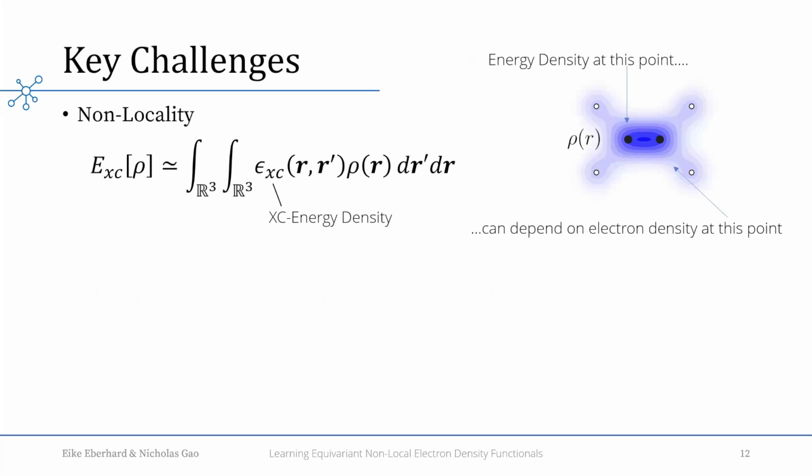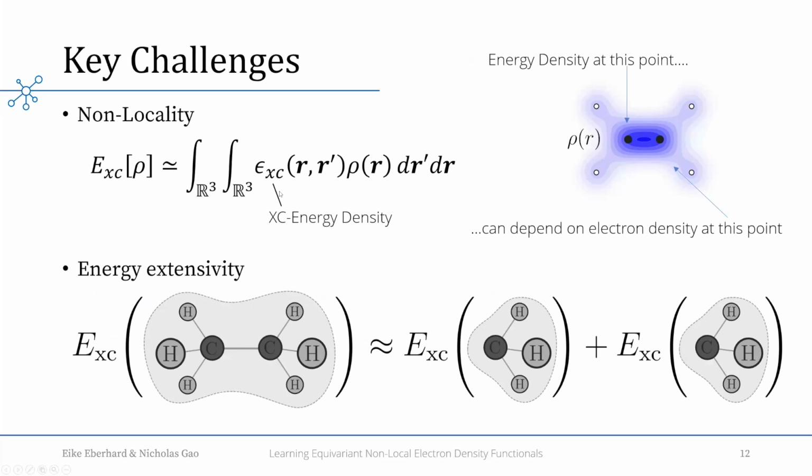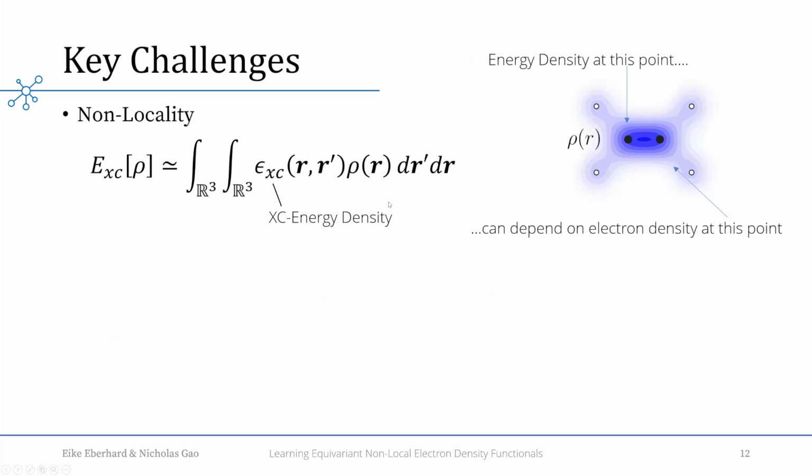So there are a couple of key challenges to modeling the exchange correlation energy density, or the exchange correlation energy in this case. The typical parameterization is in terms of this exchange correlation energy density here, where you can really just define it as an integral over the energy density, and then you get the energy.